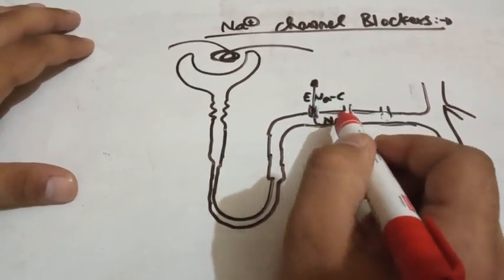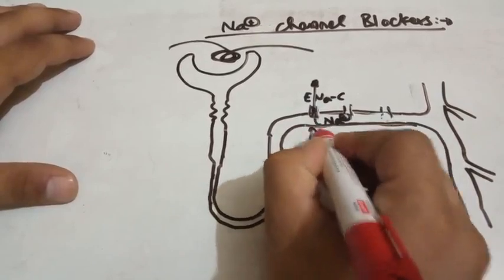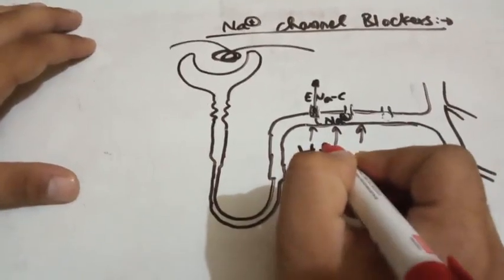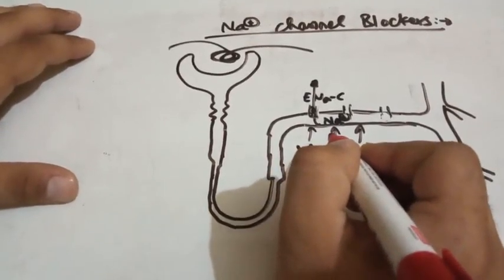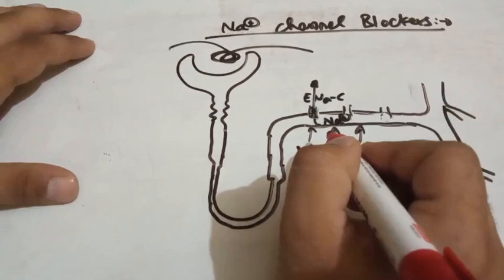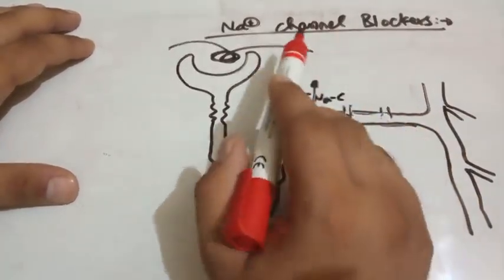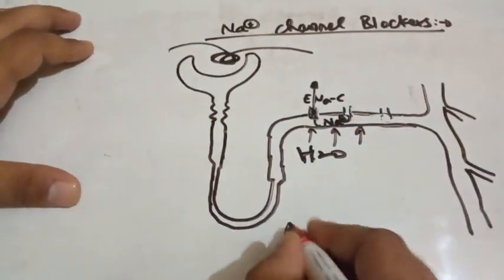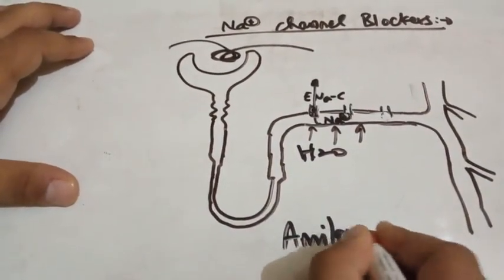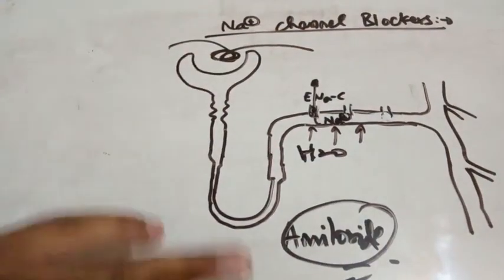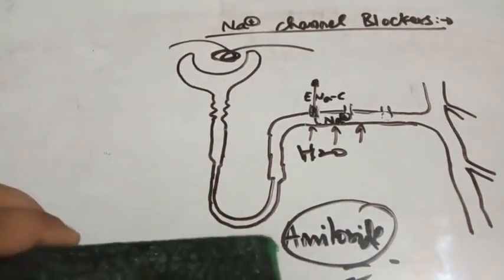Ultimately, this will lead to the movement of water into the lumen of DCT, and thus more and more urine will be produced. This is the mechanism of action of sodium channel blockers, for example amiloride.